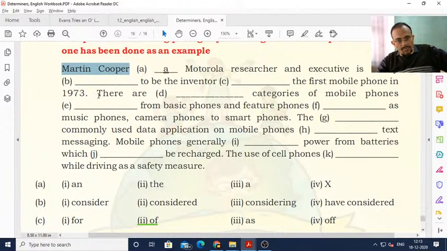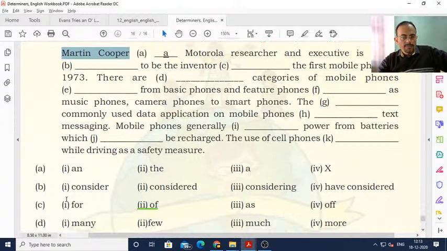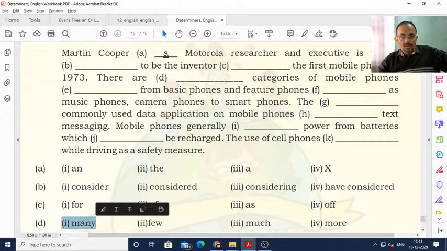Now you can see there are dash categories of mobile phones. Number D: there are many categories of mobile phone. So these are all examples of determiners. Many is followed by categories, which is noun, therefore many is determiner.